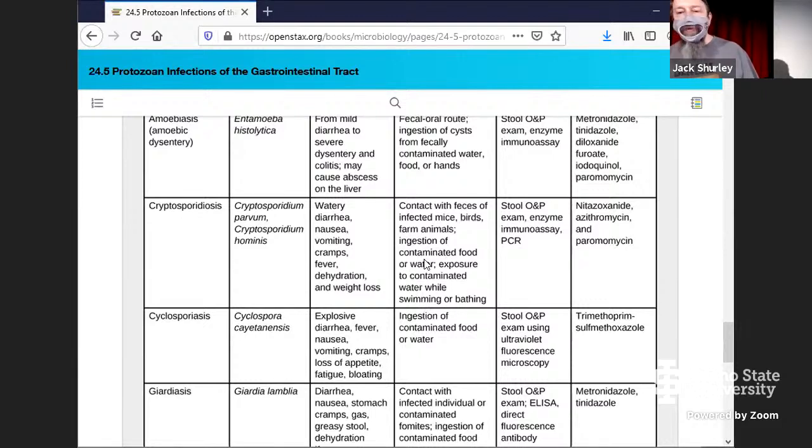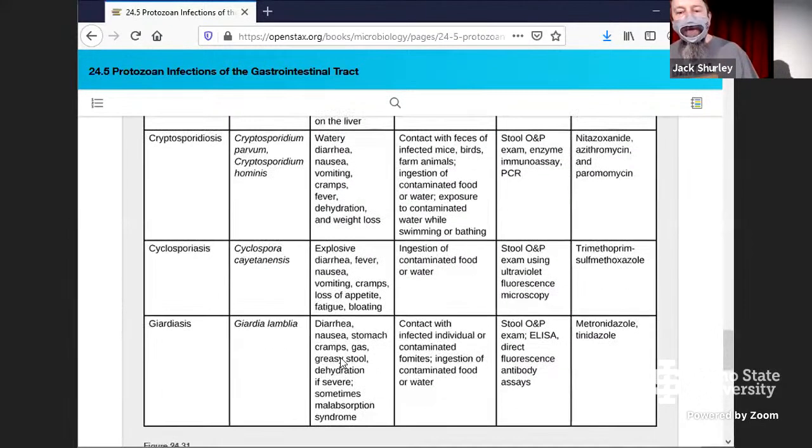I mentioned swimming pools. It's classic for that to occur. So Cyclospora cayetanensis, explosive diarrhea. That's a good one. Fever, nausea, vomiting, loss of appetite, and again, food or water sets the stage for that.